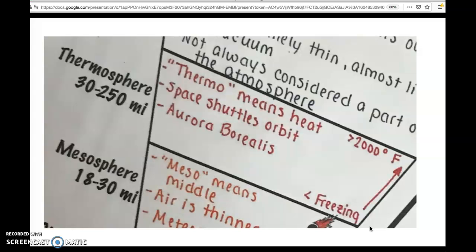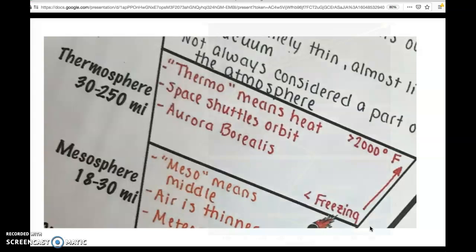You also start to not have the effects of Earth's gravity as much. So it's definitely pretty different. This can span from about 53 to 372 miles away from Earth's surface. Our stats on your paper say 30 to 250 miles out of the atmosphere.